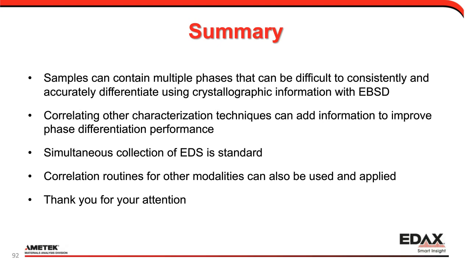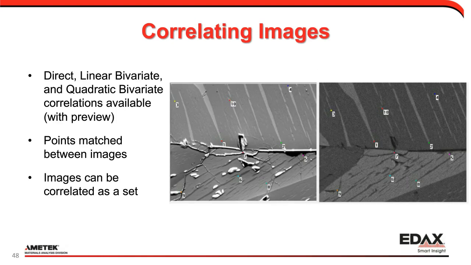Looking here for the next question down. It says, you mentioned different correlation functions. Is there one you recommend? So if I go back in my slides here a little bit, I think I can push this to the audience. So here, there's a direct, a linear, and a quadratic.